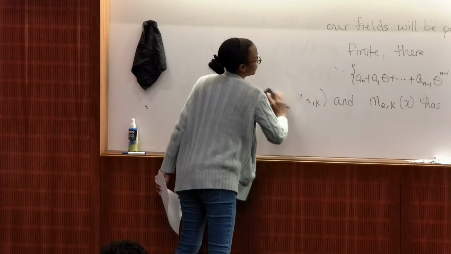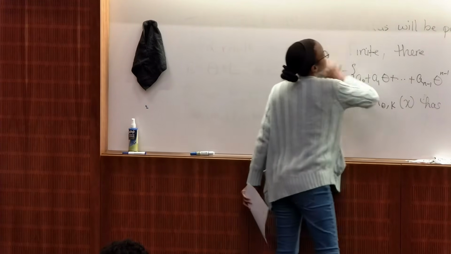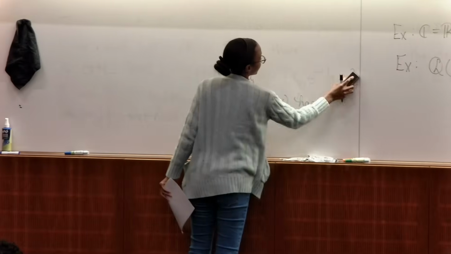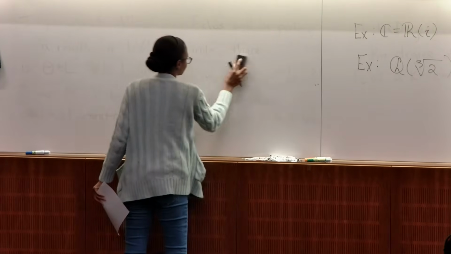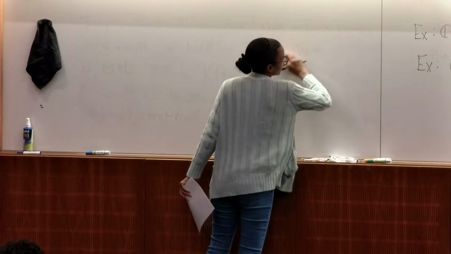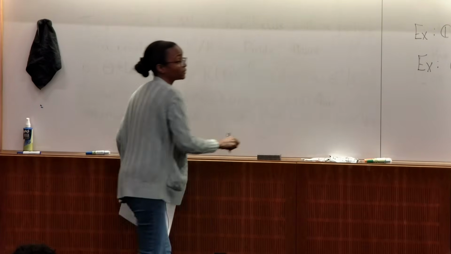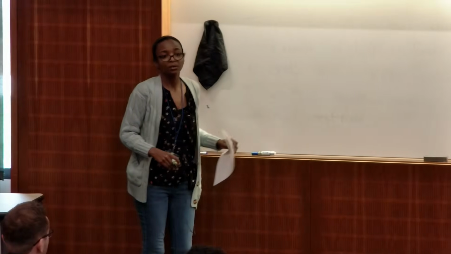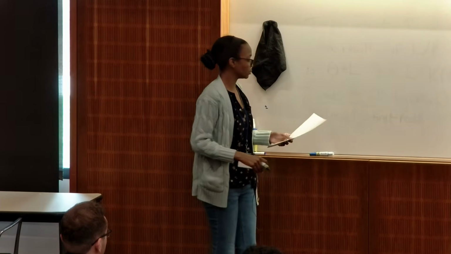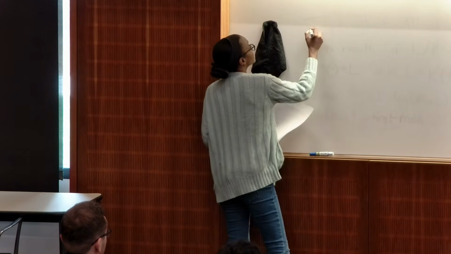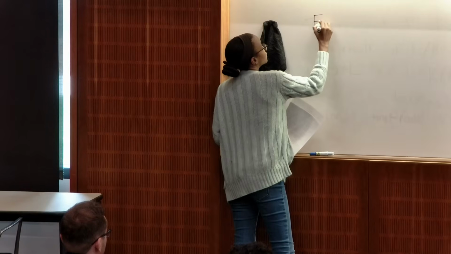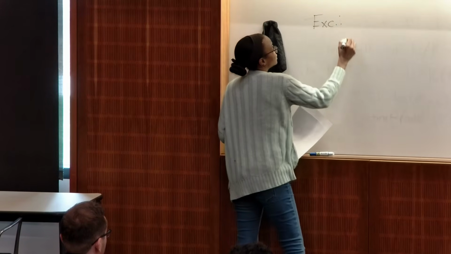You should prove that for yourself if you haven't seen it before. And in particular, if L over K is a finite extension, or actually any extension, then the set of automorphisms that fix K element-wise forms a subgroup of the full automorphism group of L. So, exercise if you haven't done this before.